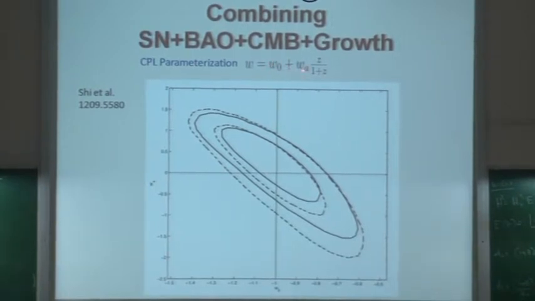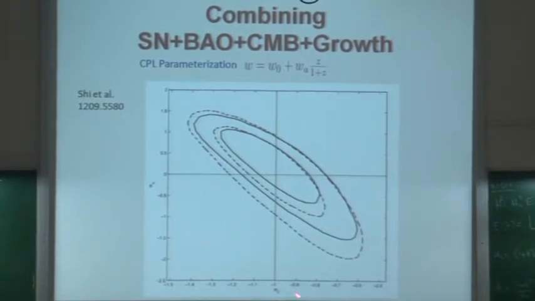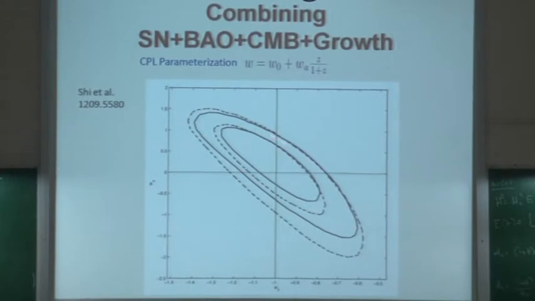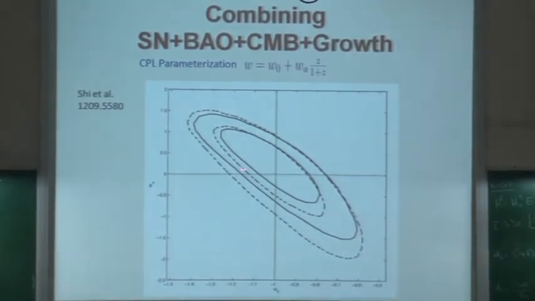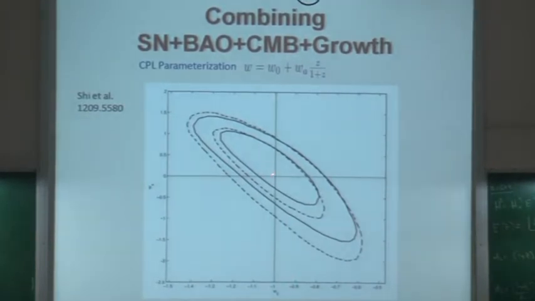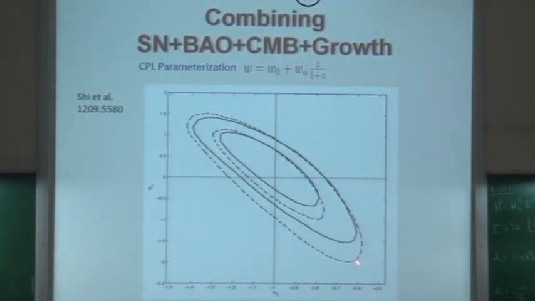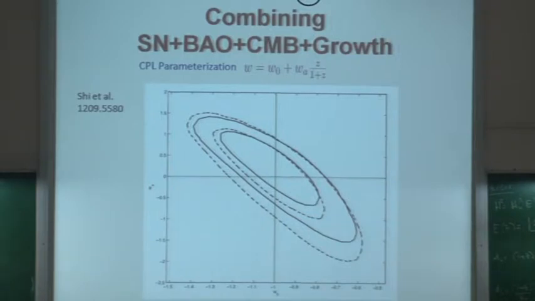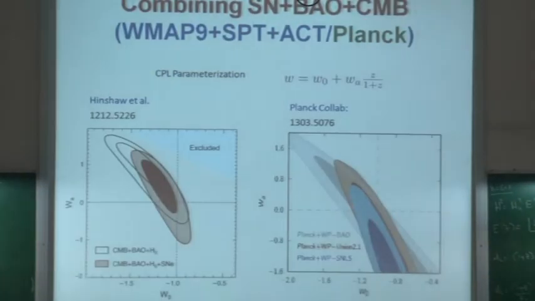One is W naught and another is W A. Okay. And then if you just look at this W A, W naught plane, then you get this kind of result over here. And one can see that W A equal to 0 and W naught equal to -1, which is the cosmological constant, is right inside of all the confidence contours. So the cosmological constant is very much an allowed model for every one of them.